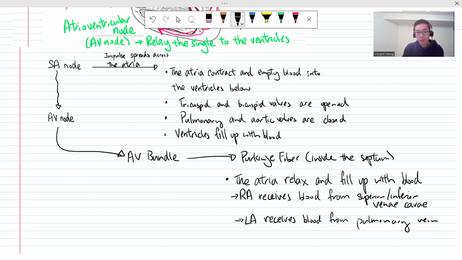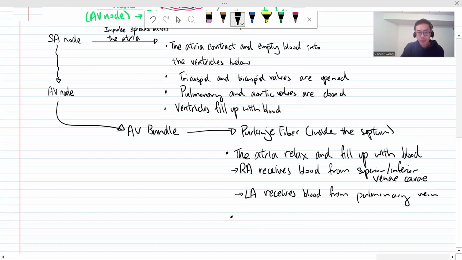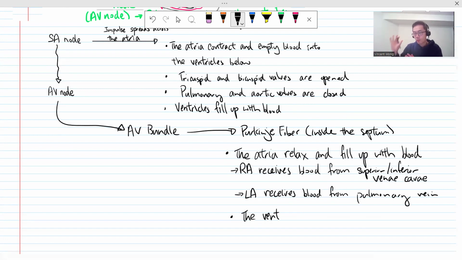What are the ventricles going to do? Because the electrical signal has reached the ventricles at this point, it's time for the ventricles to contract, right? And empty their chambers.